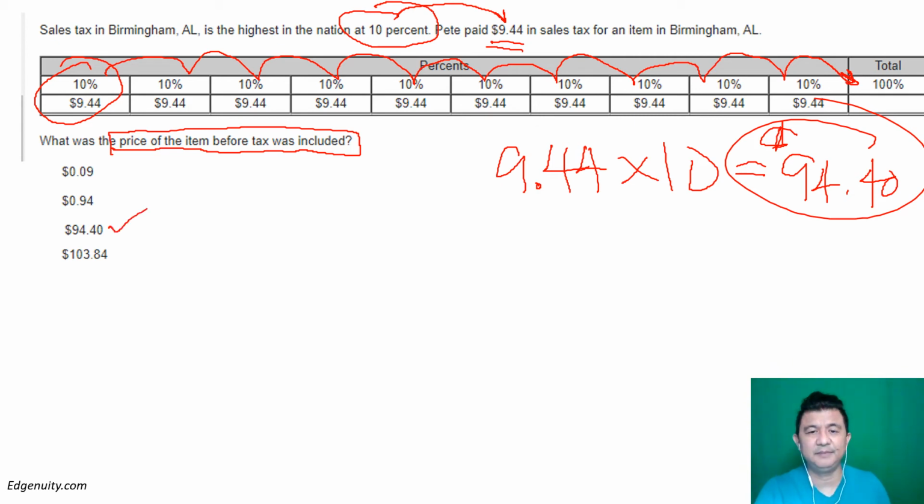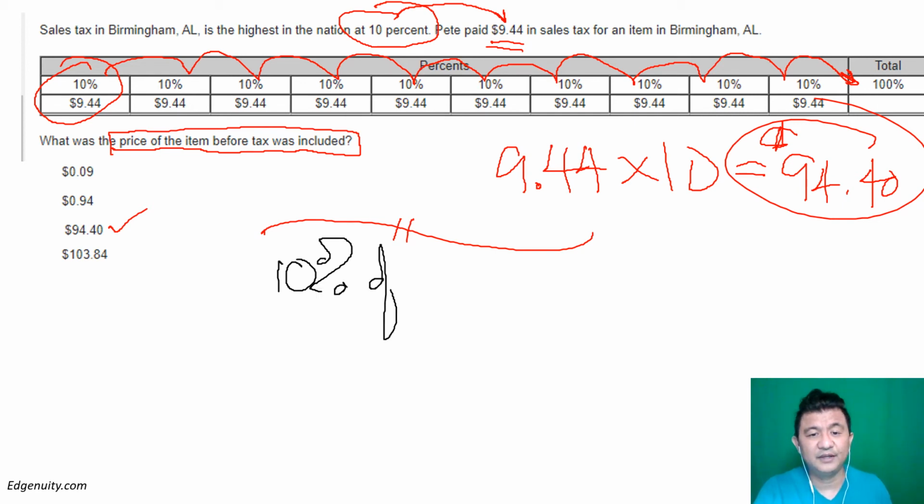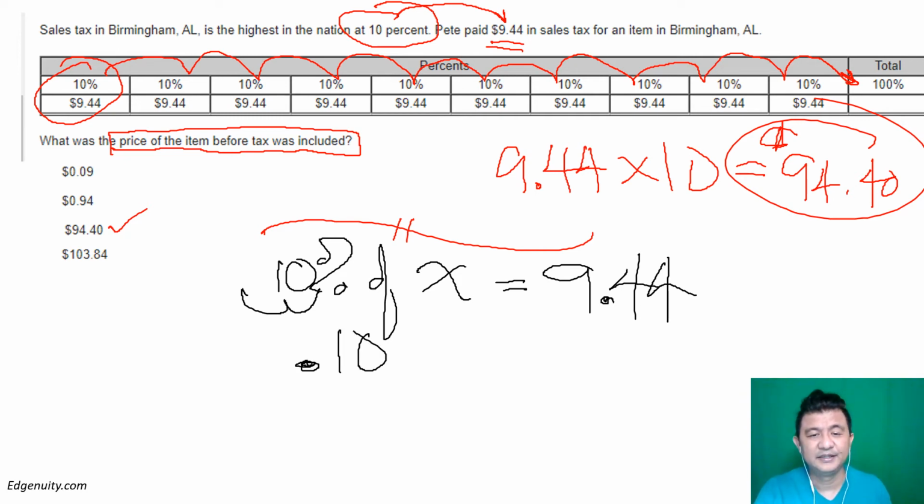Okay, let's try another method. Let's try our equation way. So if you write it down as an equation, you write 10% of x, which I don't know, is equal to 9.44. All right? So you could write it on the left as 0.10x is equal to 9.44.